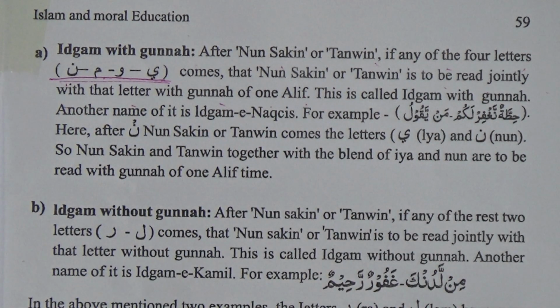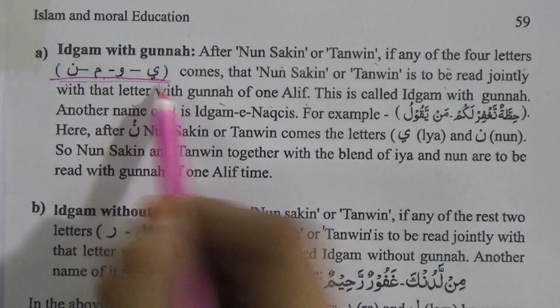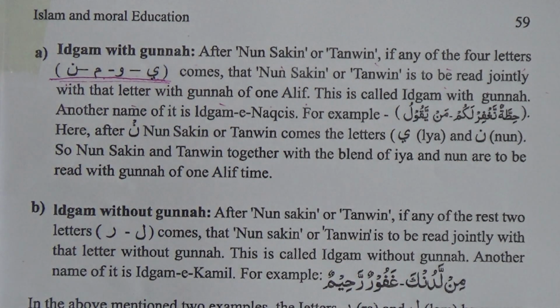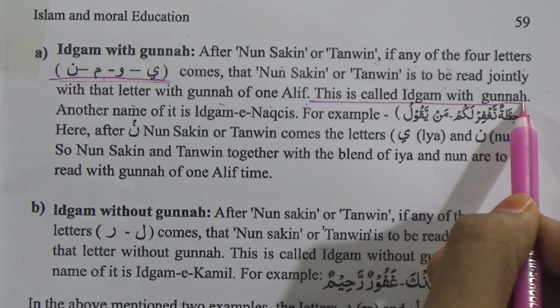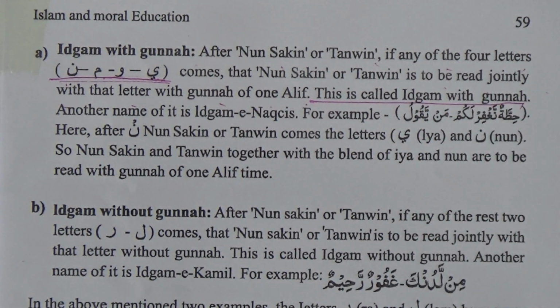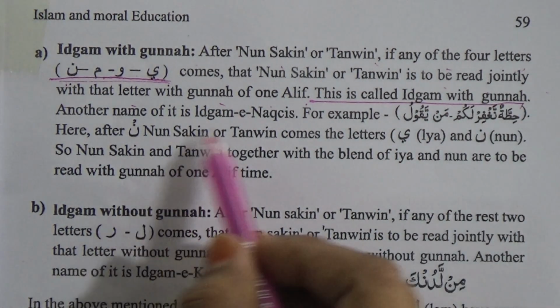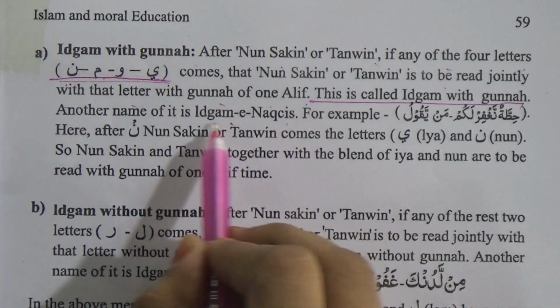If any of these 4 letters has come after Noon Sakin and Tanween, you have to read it with Gunna, making it long, 1 alif. This is called Idgham with Gunna. Is it clear, dear students? Another name of it is Idgham Naqis.